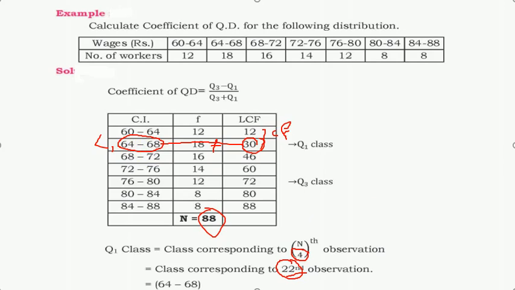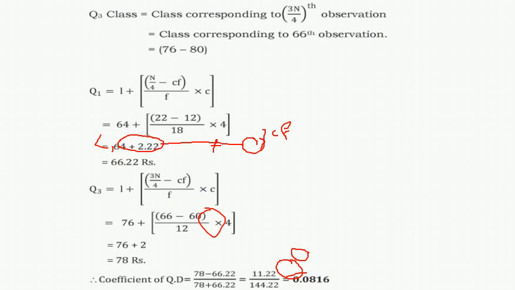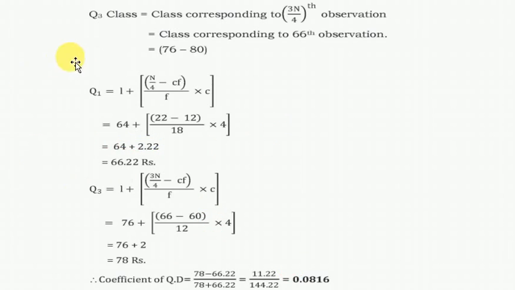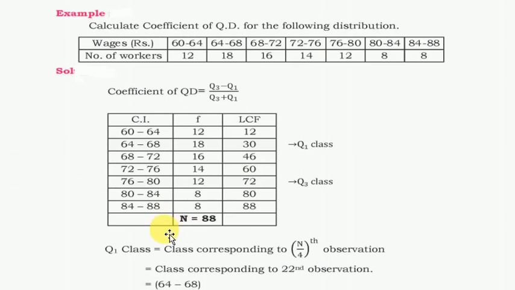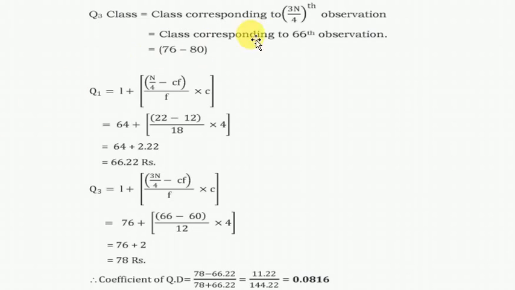It's very simple. Here, again, we're going to have one more thing, that is Q3 observation once again. So 3n by 4. So 3n here, 88 into 3 divided by 4.